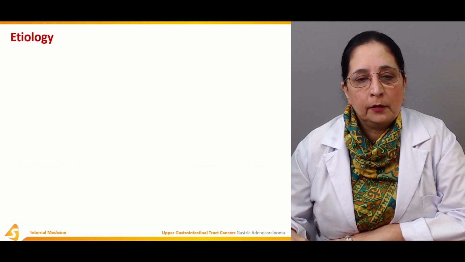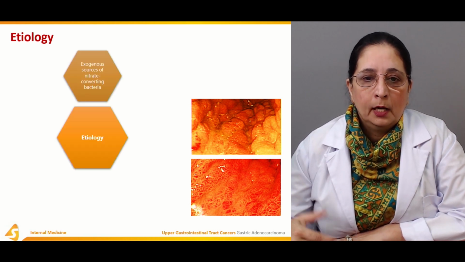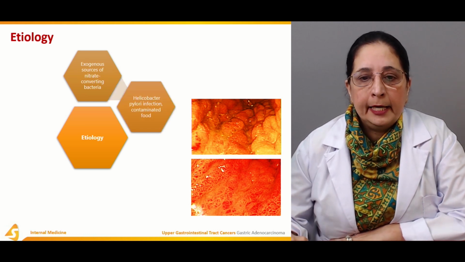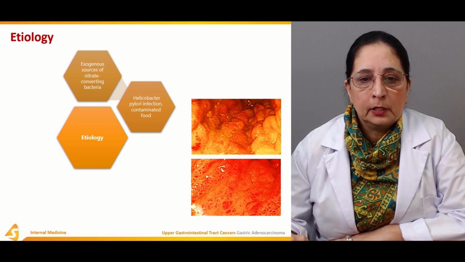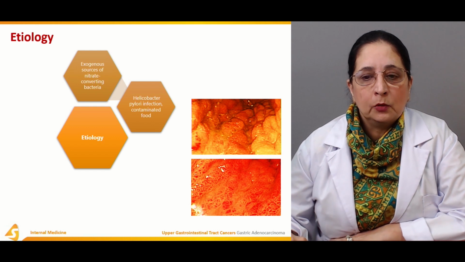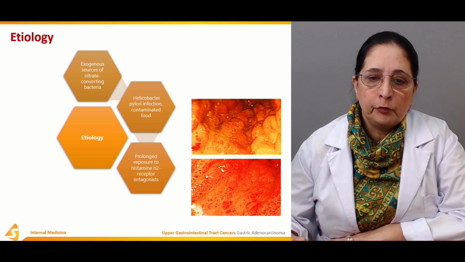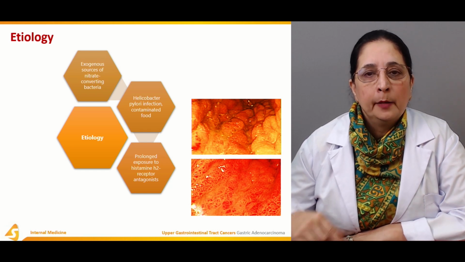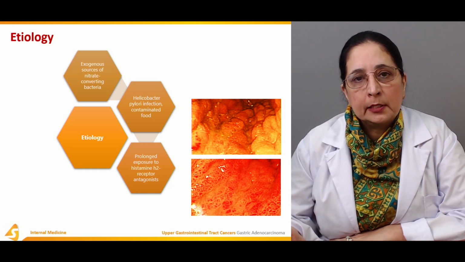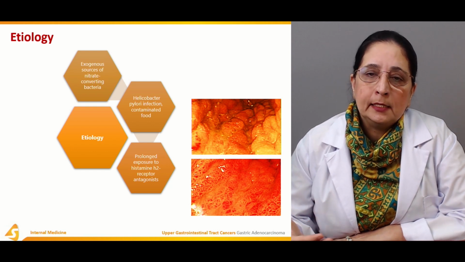The etiology of gastric adenocarcinoma is due to nitrate converting bacteria. Then we have the H. pylori infection. Contaminated food is another cause of gastric adenocarcinoma. Then prolonged exposure to H2 receptor antagonists. People who have gastric ulcers use H2 receptor antagonists like Tagamet, cimetidine, then Zantac.